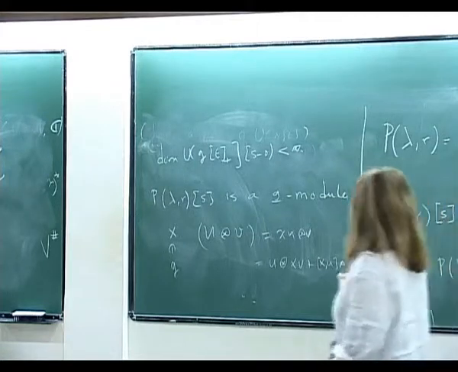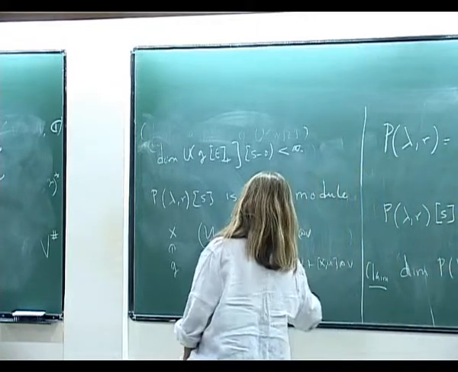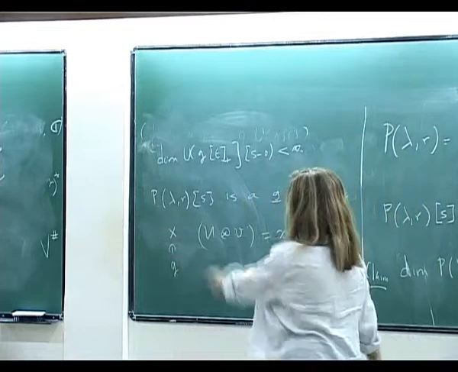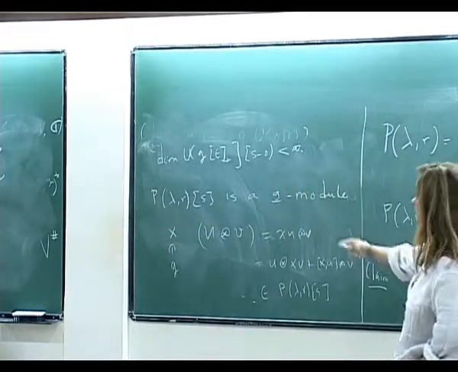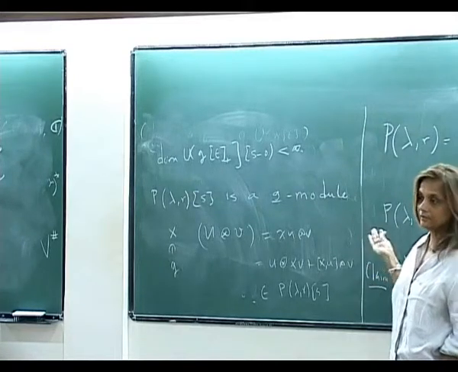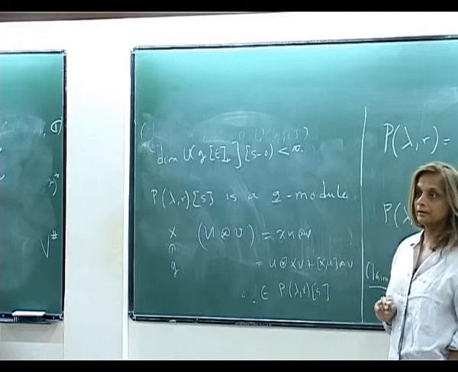So this again belongs to P lambda Rs. Actually I didn't need to do that calculation, but I think it's illuminating. And so this is a g module, a finite dimensional g module, therefore it's a sum of irreducible pieces, therefore it's in my category.